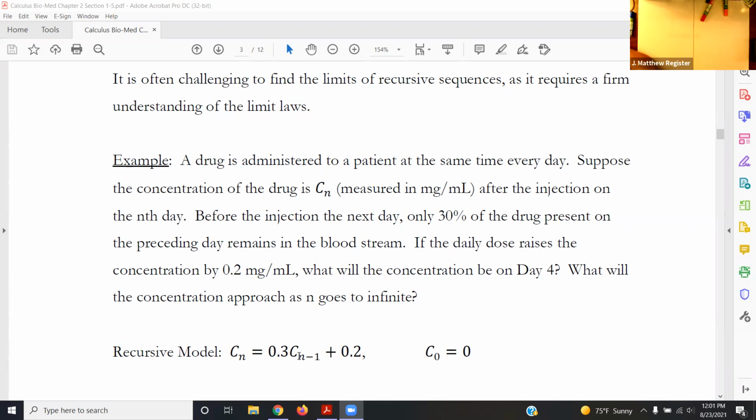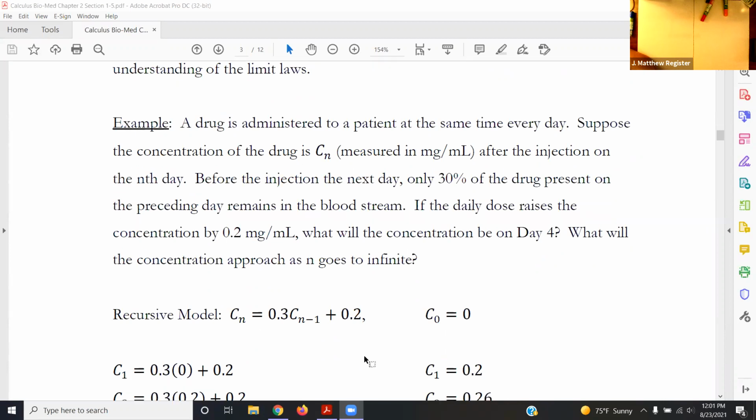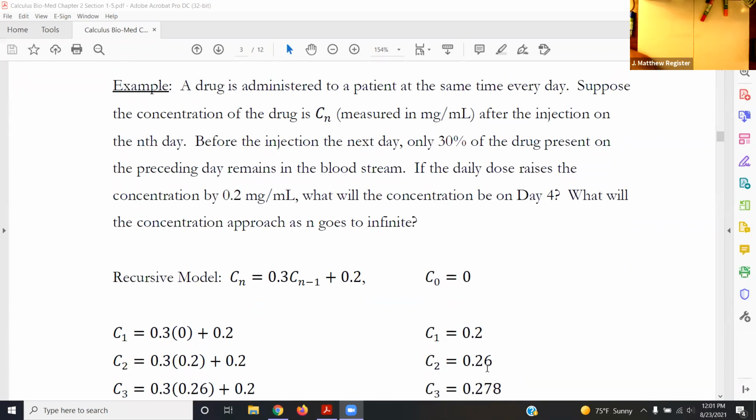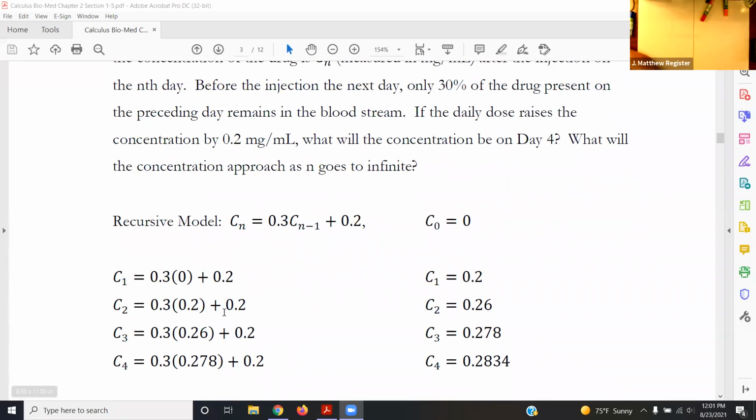In order to calculate the different days, when we take 0 and plug it in here, we get 0.3 times 0, which is 0, plus 0.2. And that gives us 0.2. We can continue that to figure out the first 4 days. We're just plugging in the prior day into this, and we get the next day.